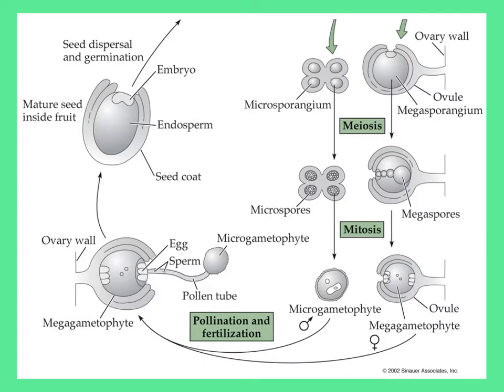Pollination happens usually on a more macroscopic scale, but fertilization you may need a microscope to see. Here is a section of the anther with the microsporangia in each of the anther sacs, which divide to make the microspores, and a microspore is a pollen grain.